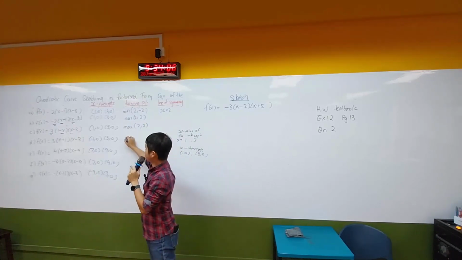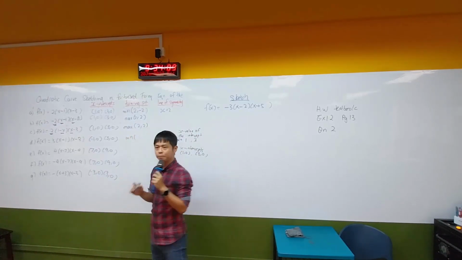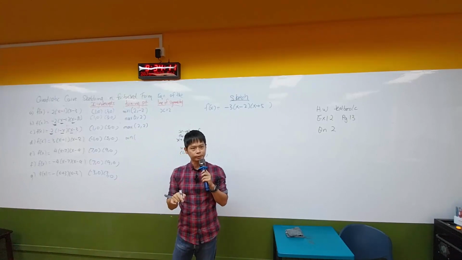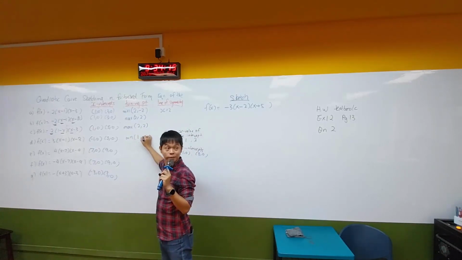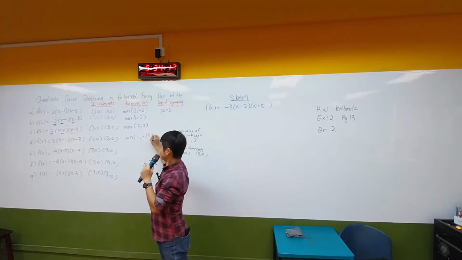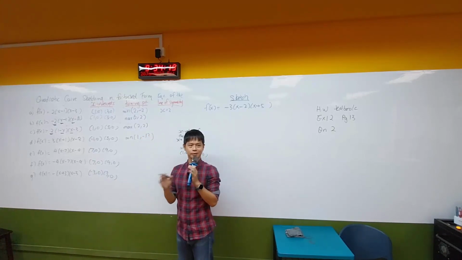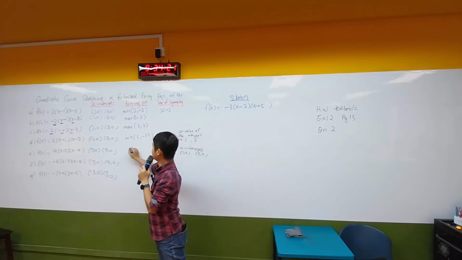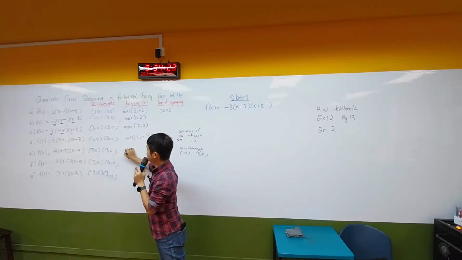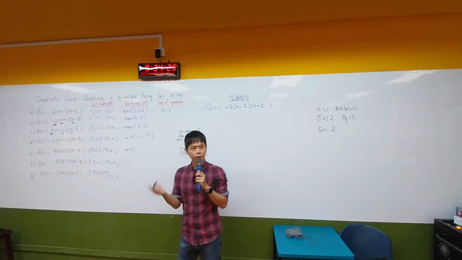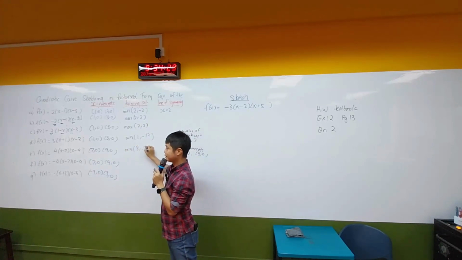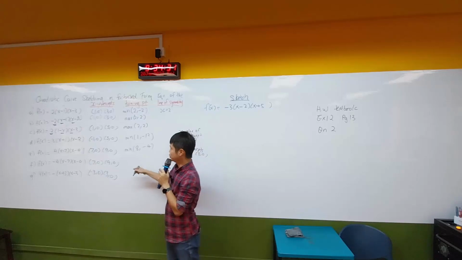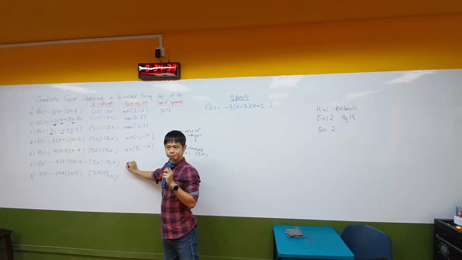Then the next one will be a minimum, and the turning point has changed. What is the turning point now? 1 and negative 12. Okay, the numbers are starting to change a bit. I will have a minimum again, and the turning point will be (8, negative 4). The last two, maximum or minimum?